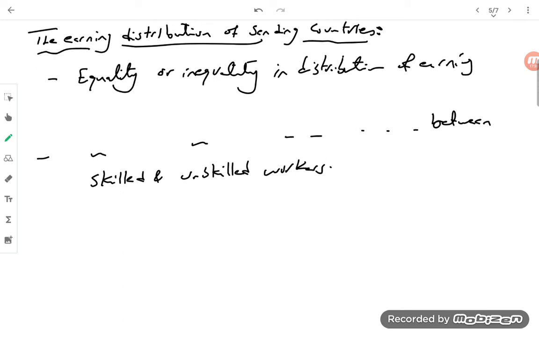This means if the sending country is more equitable in distribution of its income, in this case, people are not going to move to any other country. Okay, these are the main factors that affect the decision whether to migrate or not.